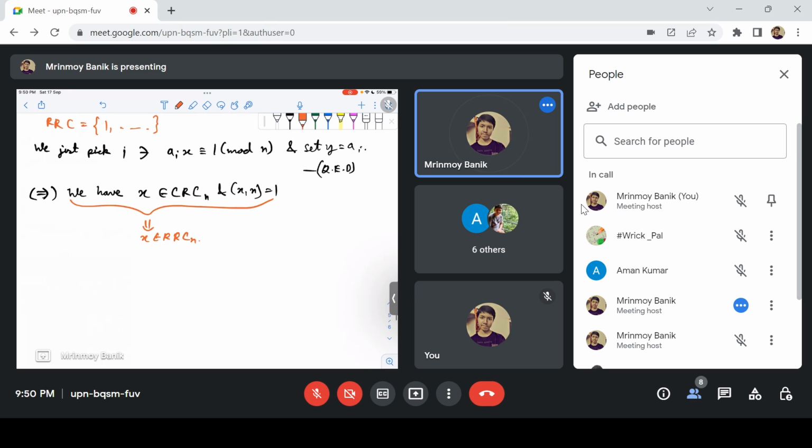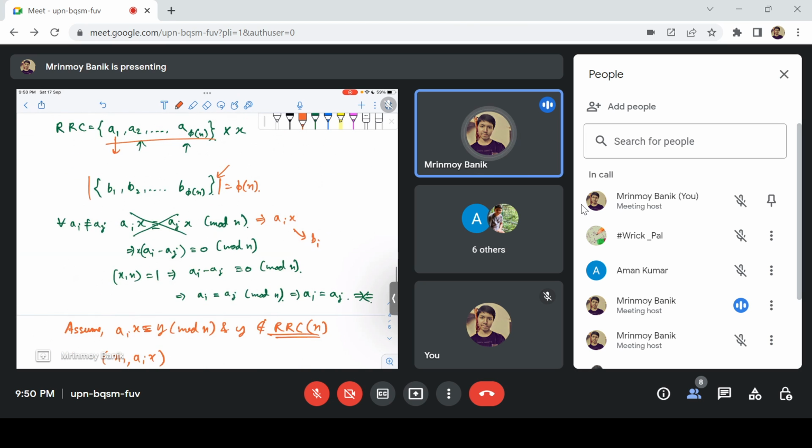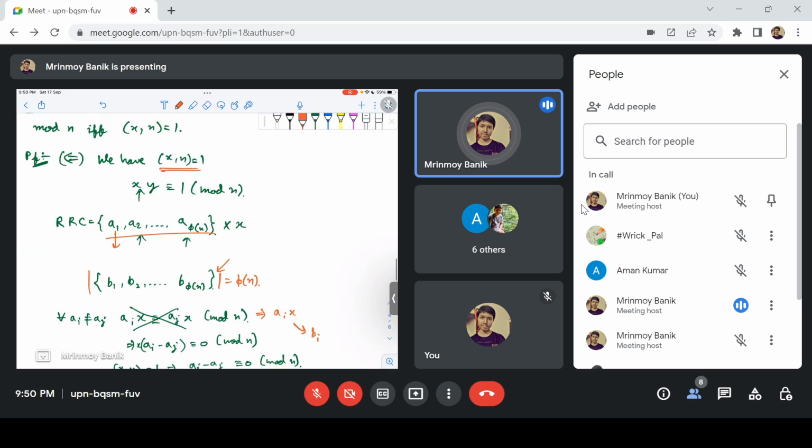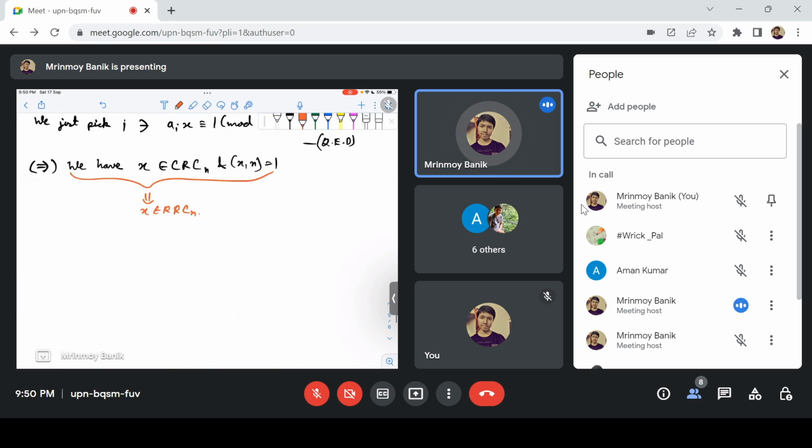We can just restate the proof for this part with the same x, and it works since we will anyway be using the reduced residue class. So this is done too. So that proves the whole claim. QED, claim proved.